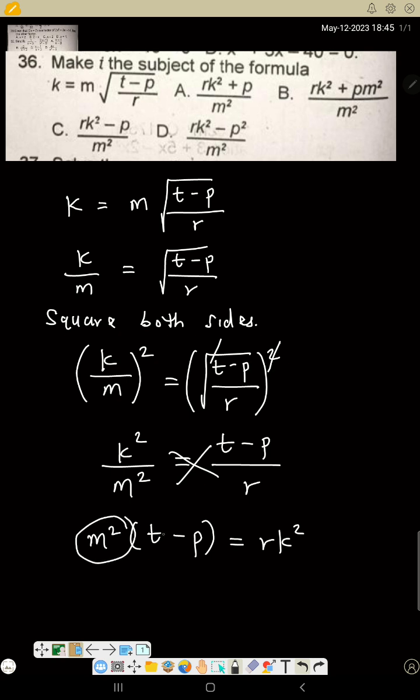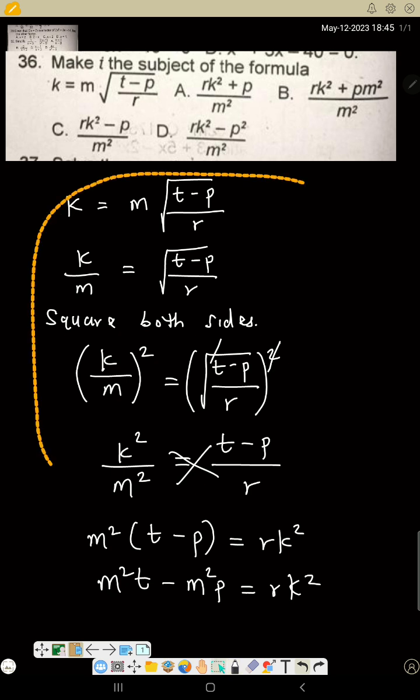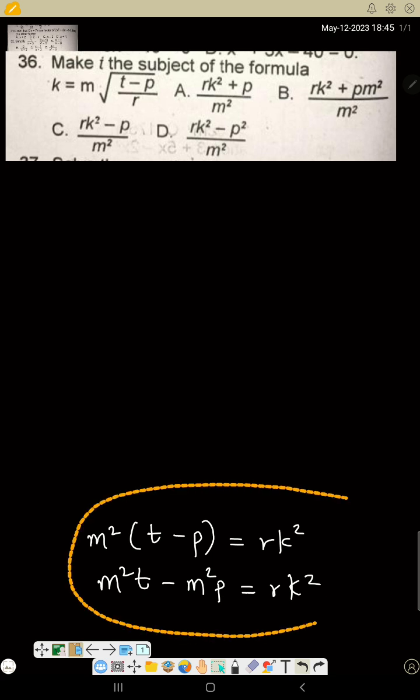So now this m square will open the bracket here. So we have m square t minus m square p is equal to rk square. Now m square t will be equal to rk square plus m square p.